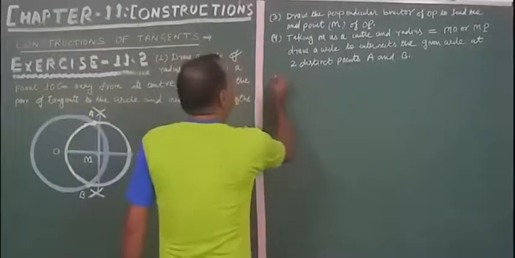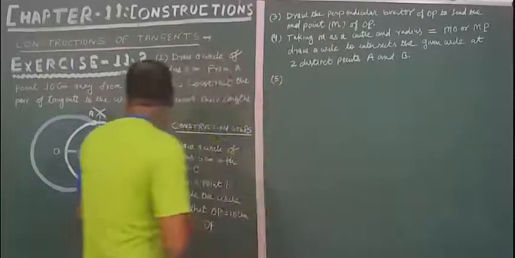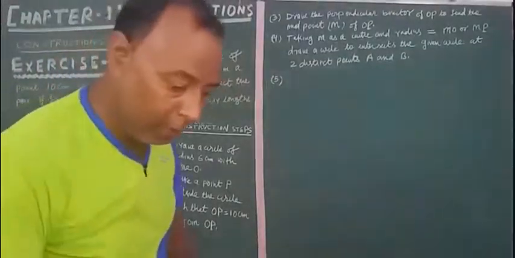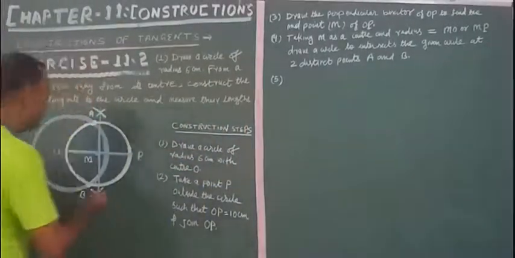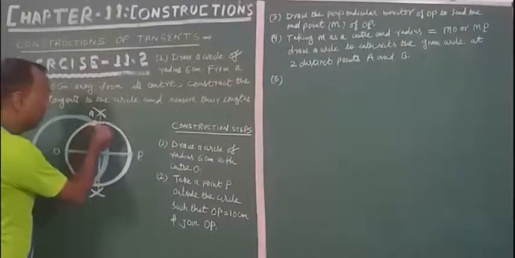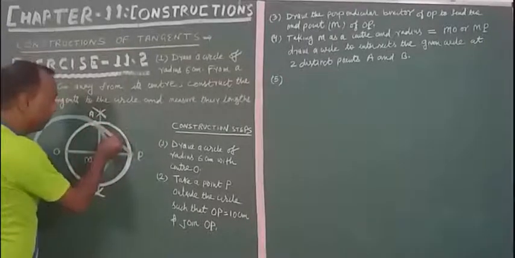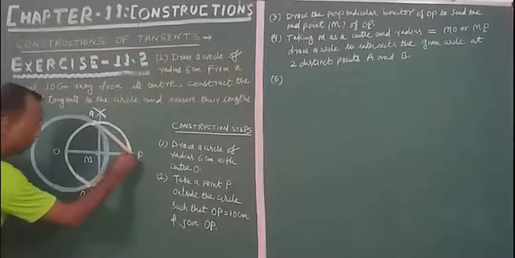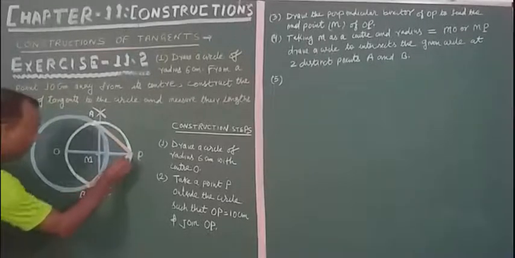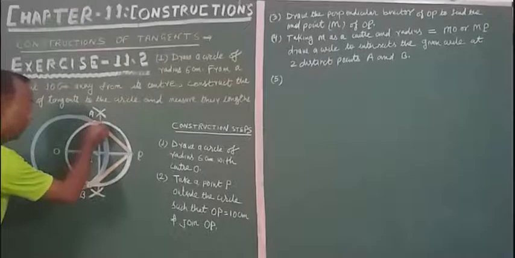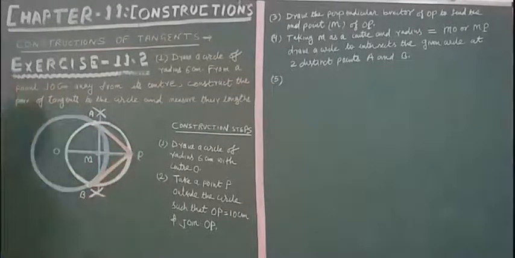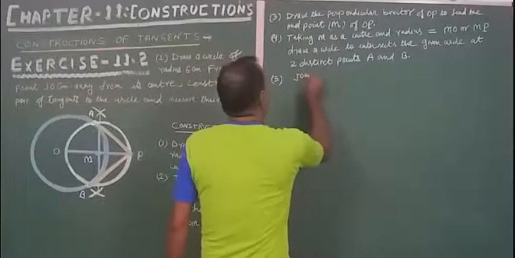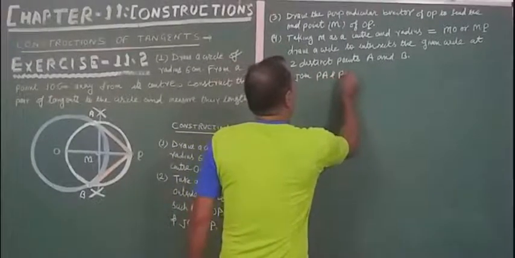And in the last step, we will join PA and PB. So just look here. Join PA and PB.